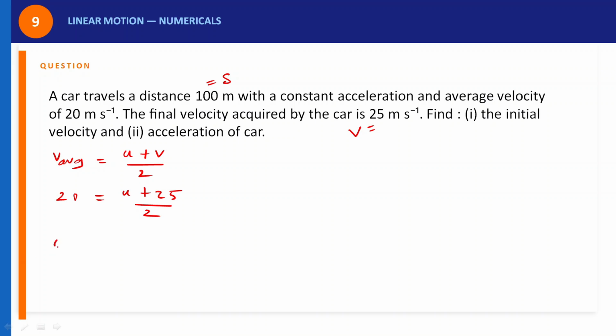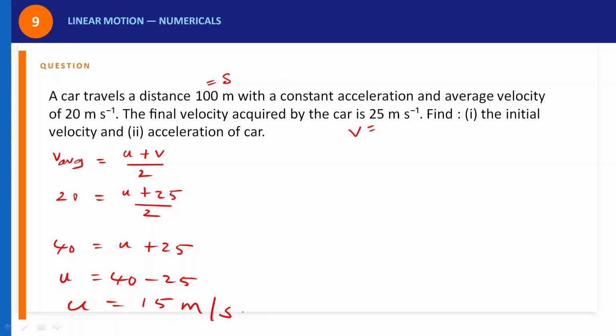Then 40 equal to u plus 25. So u equal to 40 minus 25. Finally, the initial velocity of the car is 15 meter per second.